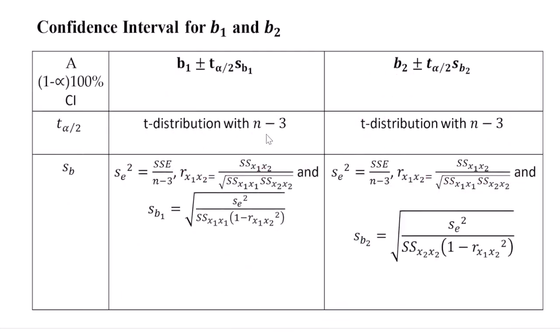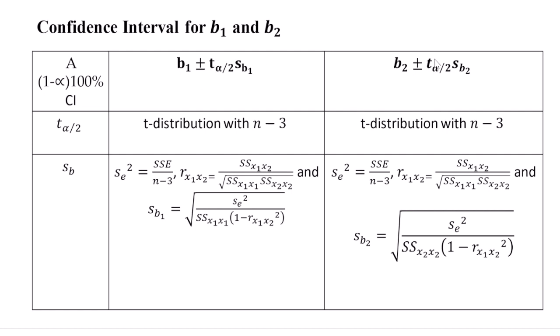And finally, we could also calculate the confidence interval for the coefficients of the regression model. B1 and B2 are directly calculated from the data or from your Excel output.